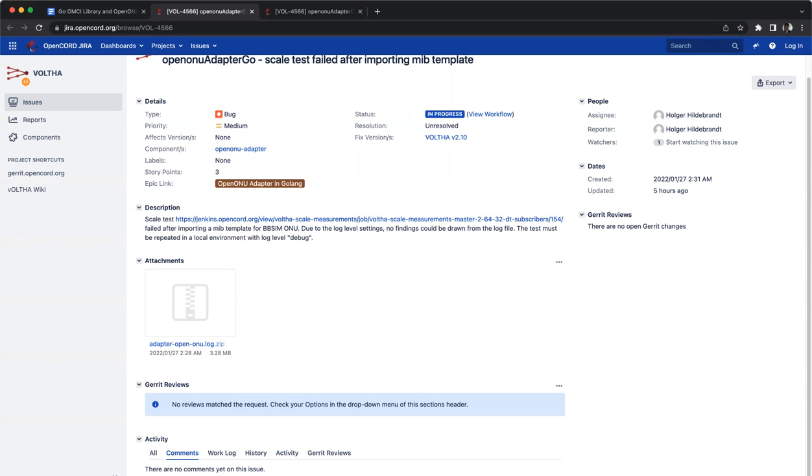From this point on, all upcoming ONUs use it, but not before. That means the process is delayed and stretched for some time when we do not have this KV store MIP template.